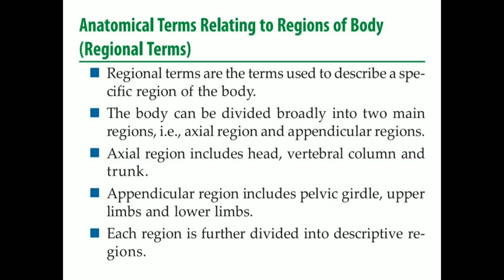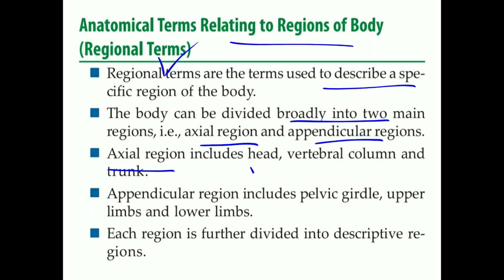Then anatomical terms relating to the regions of the body, which can be called regional terms. These are the terms used to describe a specific region, location or part of the body. The body can be divided broadly into two main regions, the axial region and the appendicular region.